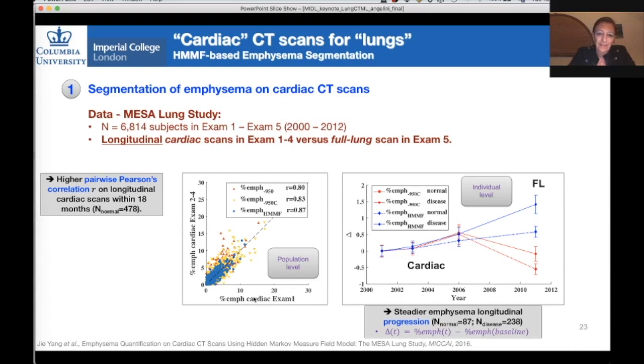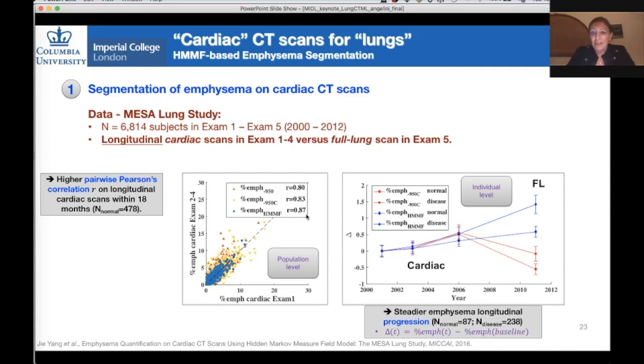What you can see here is the baseline cardiac exam and the follow-up cardiac exam. On the population level, thresholding is not so bad, and emphysema seems to be slightly more correlated, and that's confirmed by the numbers here.